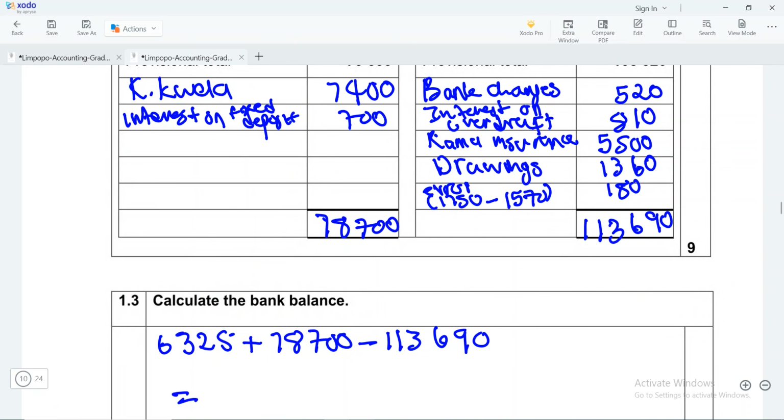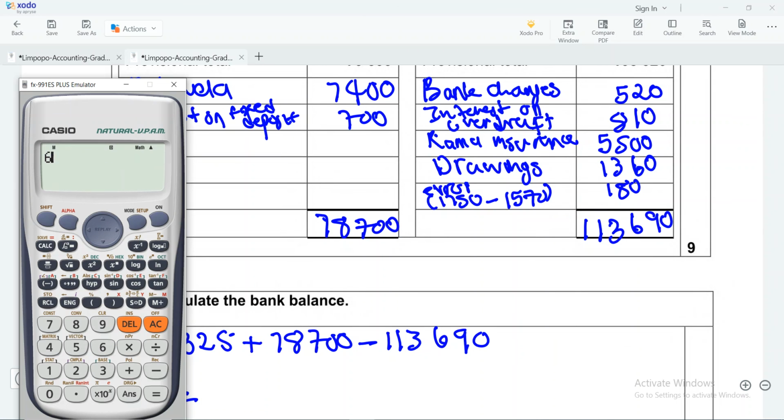So we'd have 6325 plus 78,700 and then subtract 113,690. It is giving us 28,665.